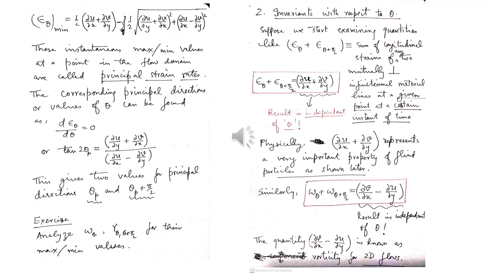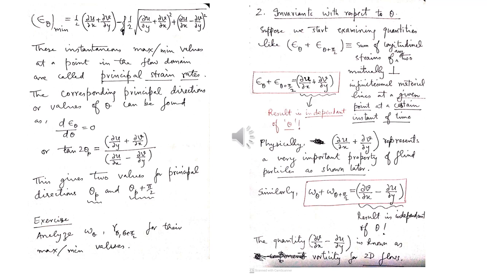This is a very precise, very unambiguous and very clear meaning of vorticity. So the invariant quantity omega theta plus pi by 2 is what is known as vorticity, and its value is del v del x minus del u del y. Of course this is all within the framework of two-dimensional flows.